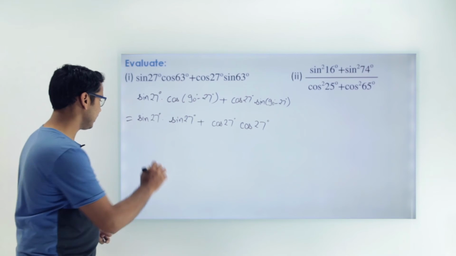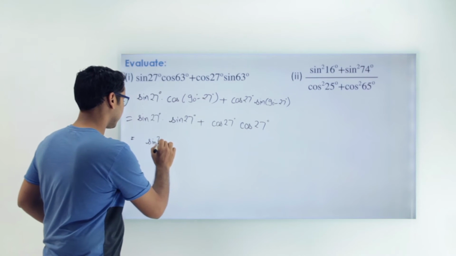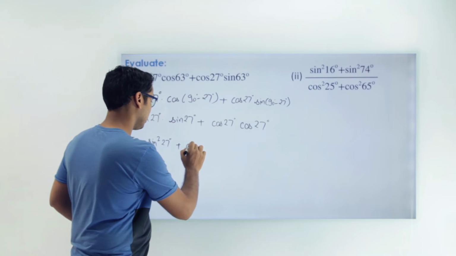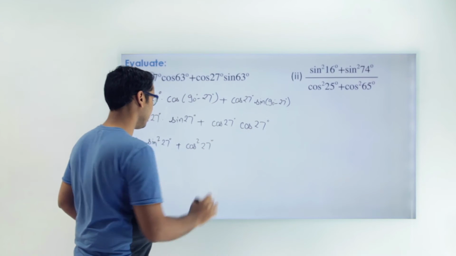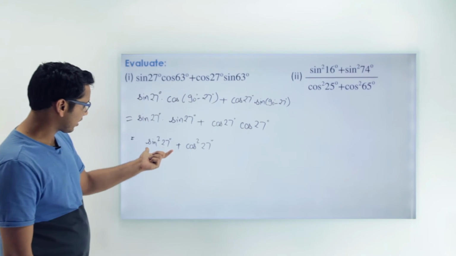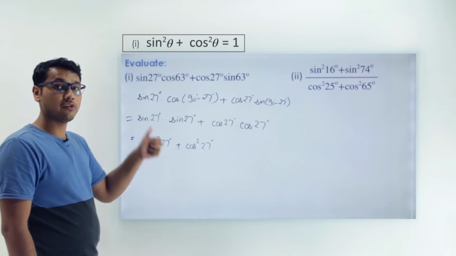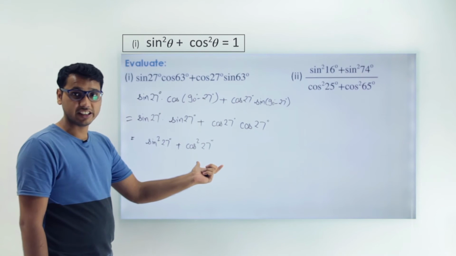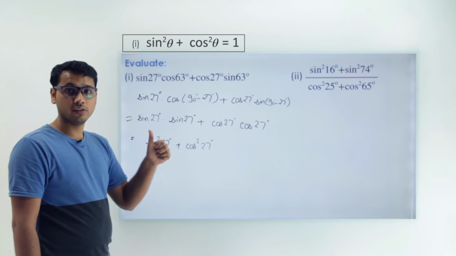We can write it as sine square 27 degrees plus cos square 27 degrees. Now this is our first identity, sine square theta plus cos square theta, and the value of sine square theta plus cos square theta is 1.